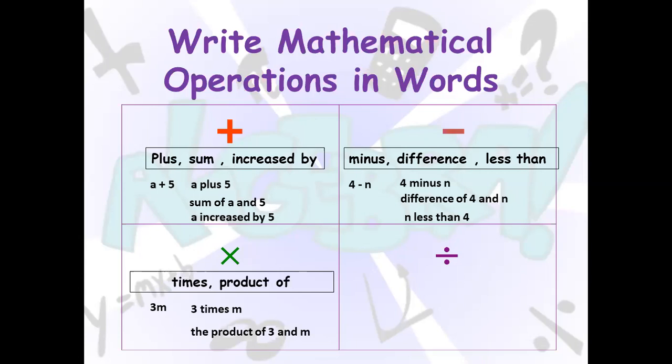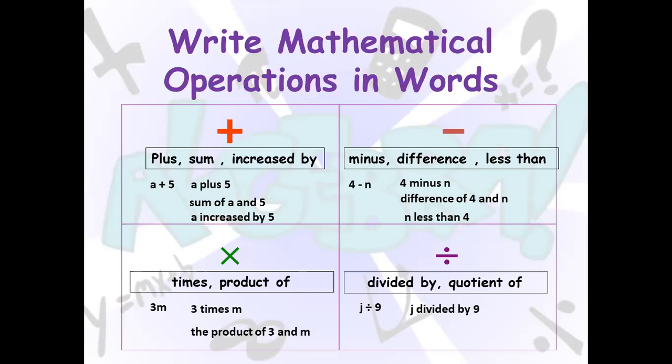Okay, the next one is divide. As with multiplying, for divide there are very limited words. We can say either divided by or the quotient of. There are no other ways except by using the words divided by or quotient of. So let's see how we can read this expression. We can say it as j divided by 9.